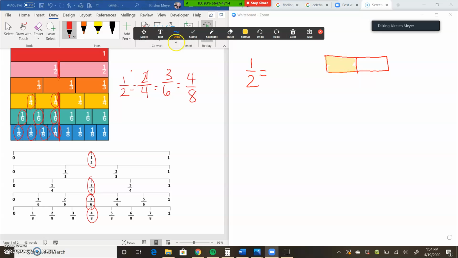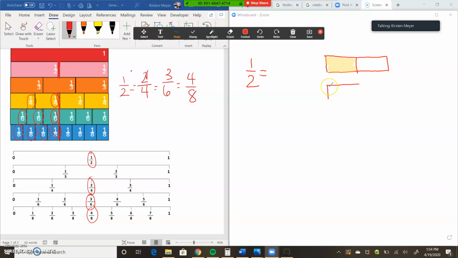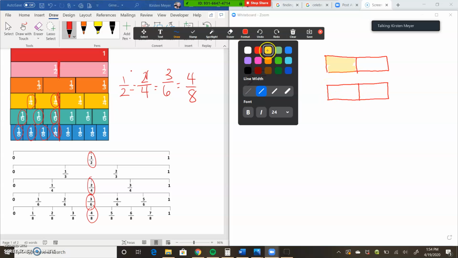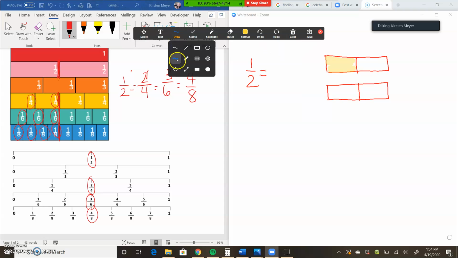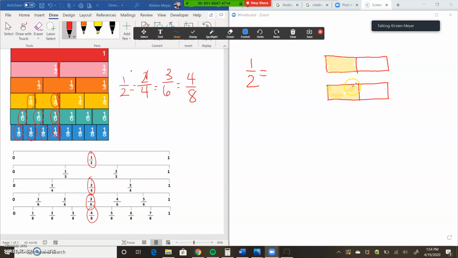And we could generate our own model of an equivalent fraction by redrawing that same model to show the same amount, keeping the same amount shaded, but making it have more pieces, meaning we did something to our new model to make it have more pieces but still represent the same amount.